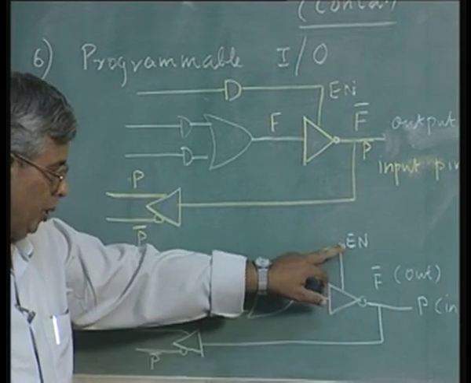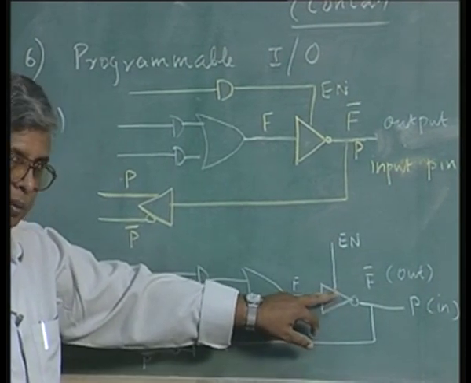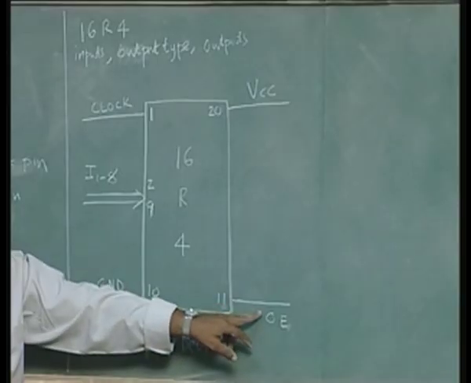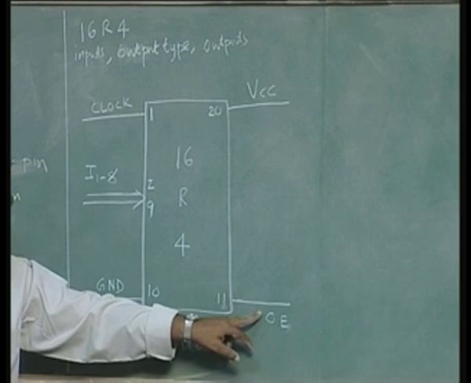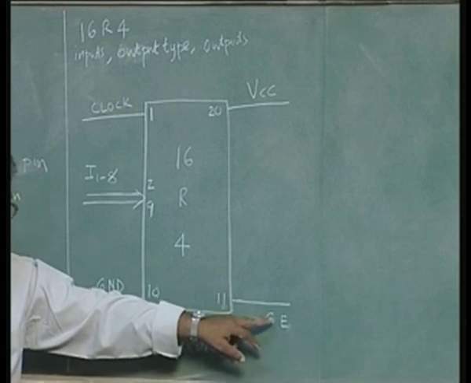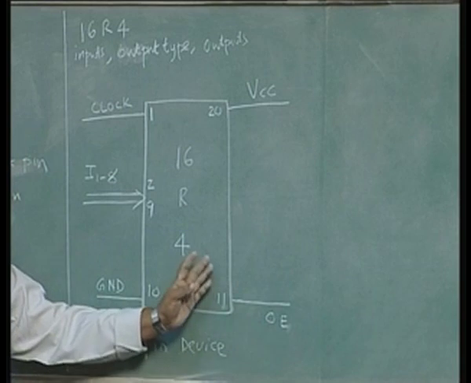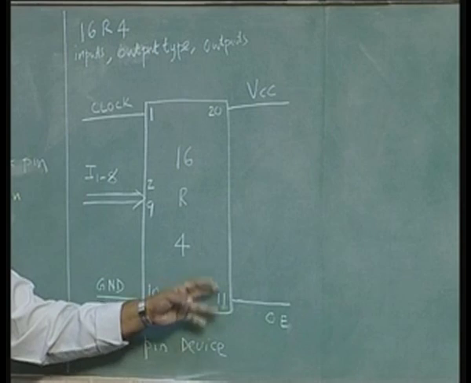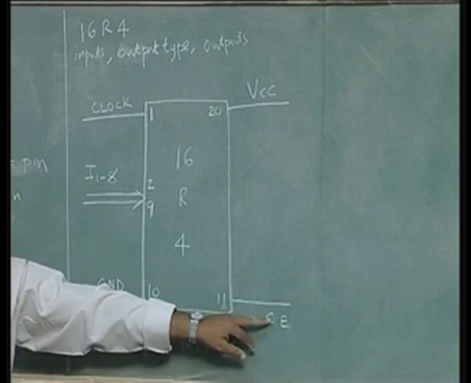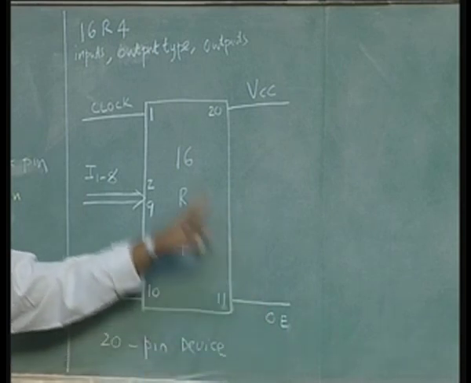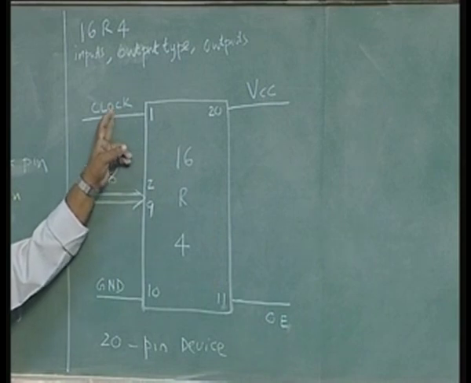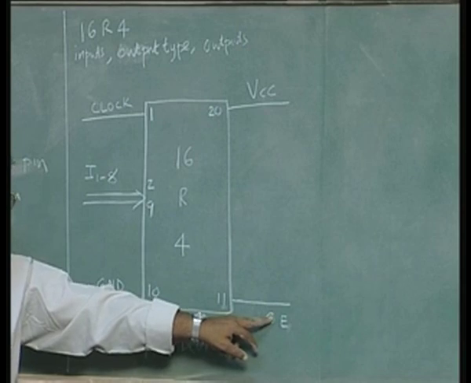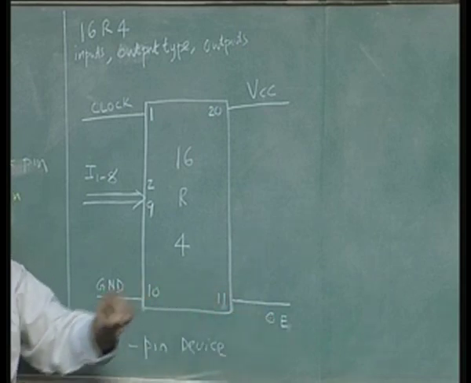This pin will provide the enable for the buffer. So, in this case, this is a simple pin enabled buffer. This output enable enables all the buffers which have programmed IO feature. All the programmed IO types are enabled or disabled by this OE. So, we need one pin which is similar to clock, which caters to all the 4 flip-flops. This will cater to all the programmed IO pins.